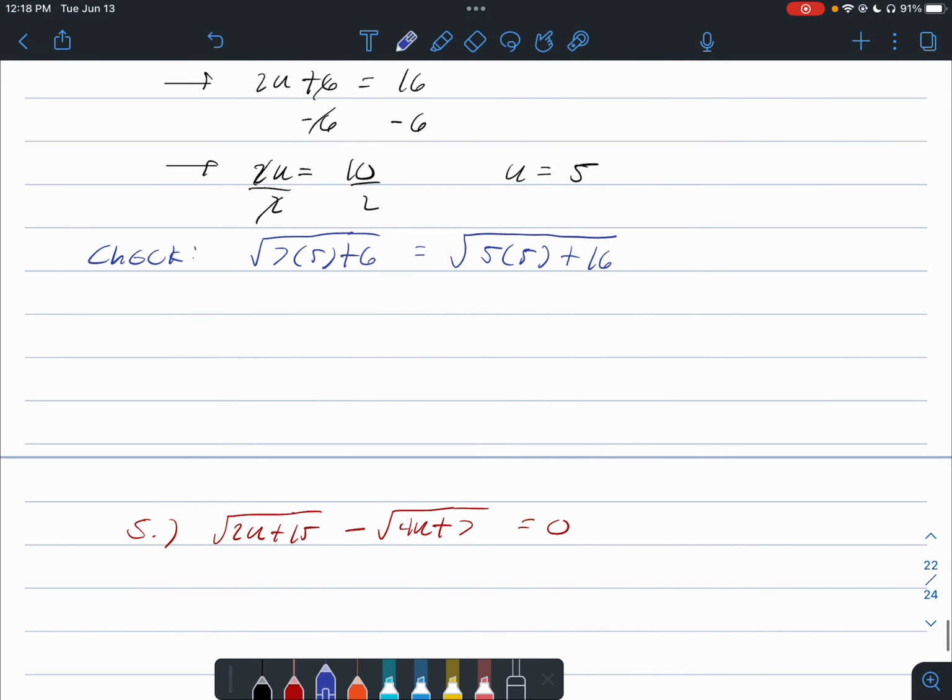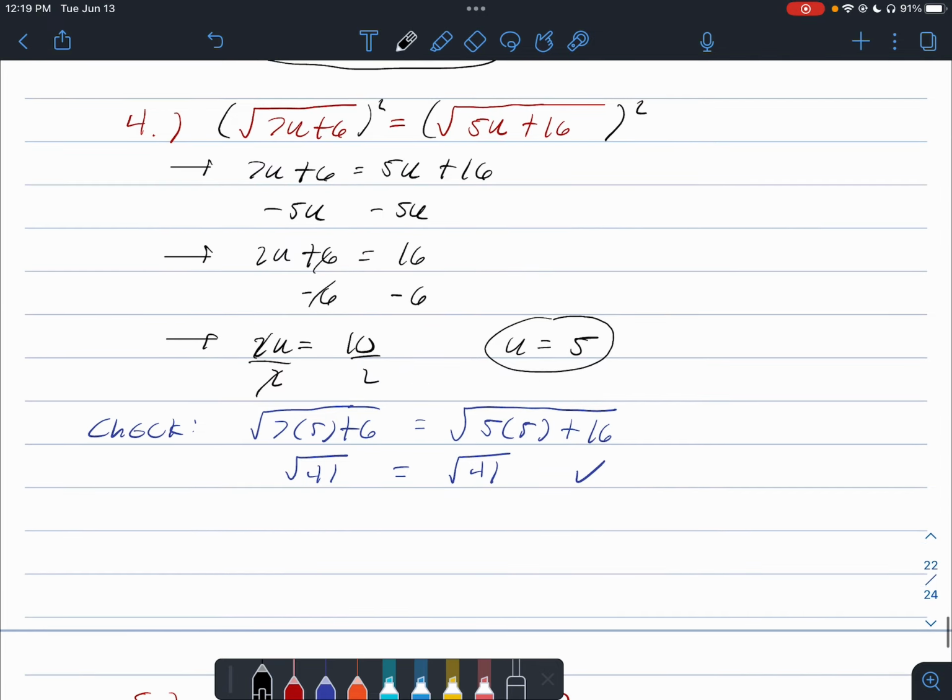Okay, so here we have 7 times 5, which is 35, plus 6, that should be 41. So we have the square root of 41 is equal to 5 times 5 is 25, plus 16 is also 41. So we have the square root of 41 is equal to the square root of 41. I'd say that makes sense. So we can go ahead and say that u is equal to 5, and that is our solution for this equation.